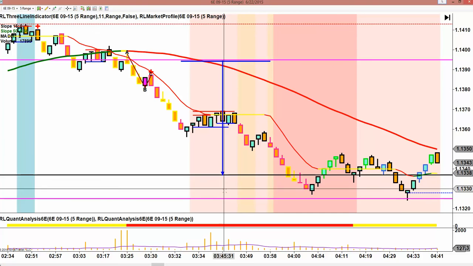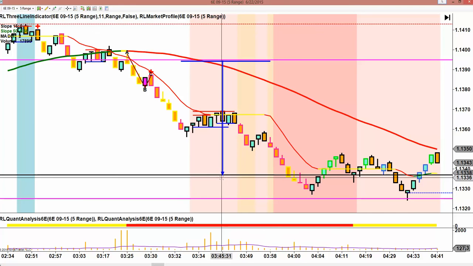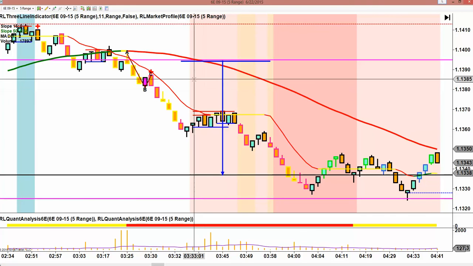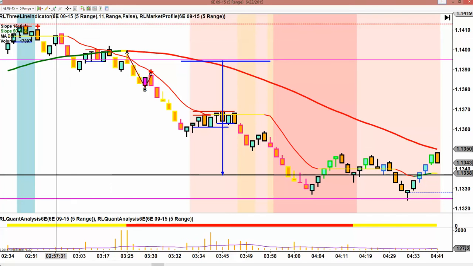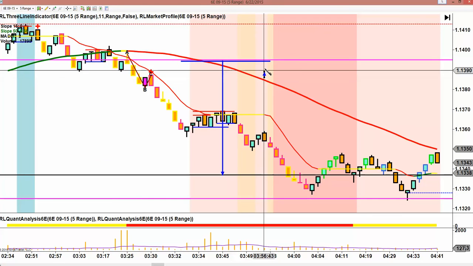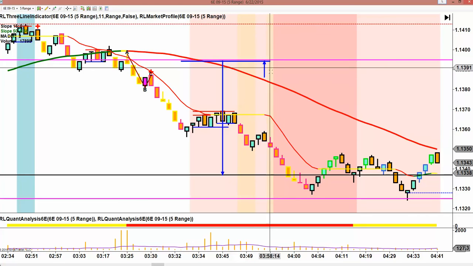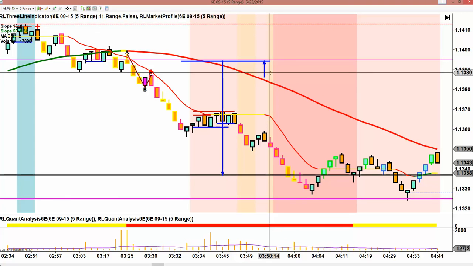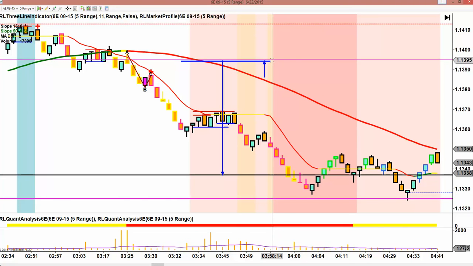Here's where you have a problem. But to try to go long here, right above the 50, where the oscillator is going to tell you, oh, you're not overbought, and you trade right into the value area high, you're going to get stopped out, or potentially get stopped out.